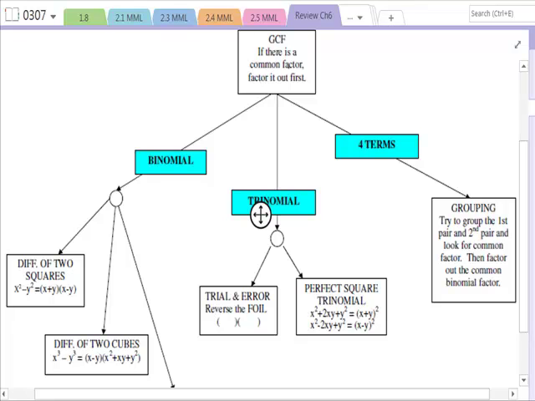That may be your only step, but you may create something you can factor further. If it's 4 terms, grouping. If it's 3 terms, trial and error is all we focused on. If you take intermediate algebra, you will focus on perfect square trinomials also. If it's a binomial, the only thing we focused on was difference of squares. In intermediate, you look at some cube patterns.